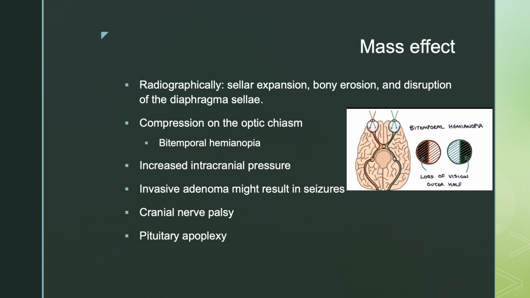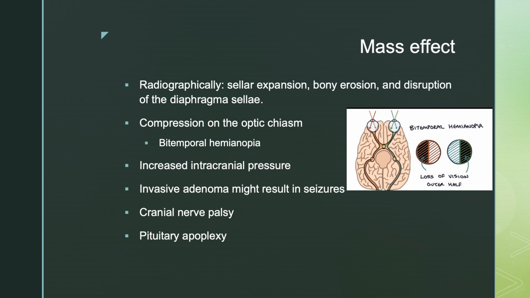Optic chiasm, if you remember, is the X-shaped structure resulting from crossing of both optic nerves. The compression of the optic chiasm results in a characteristic visual loss, specifically bitemporal hemianopia, in which the patient loses the ability to see at the peripheral or lateral or temporal parts of the visual field. If the mass is affecting the ventricular system of the brain, this might result in increased intracranial pressure.